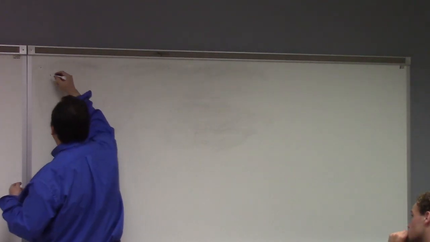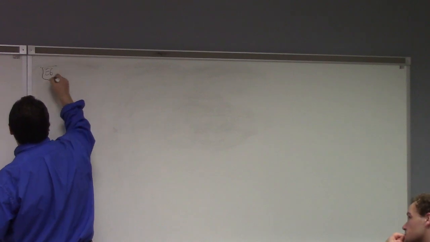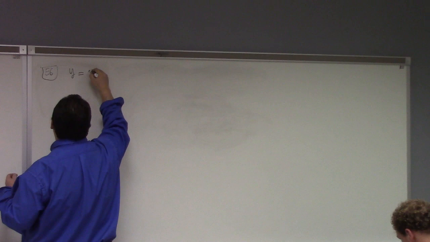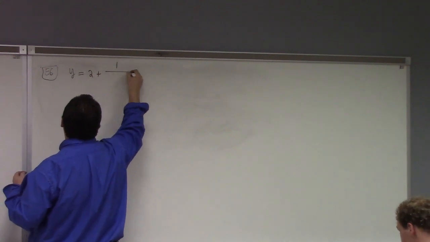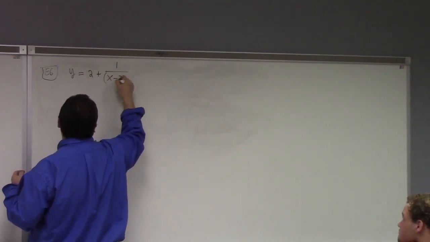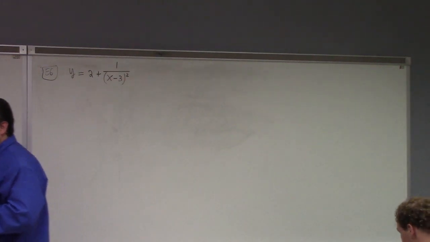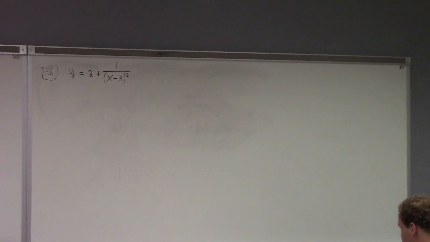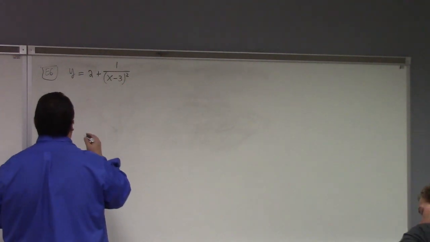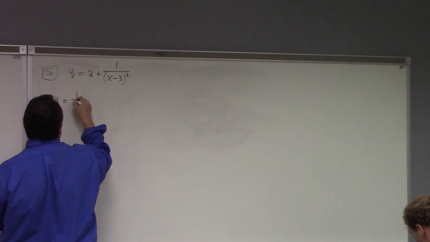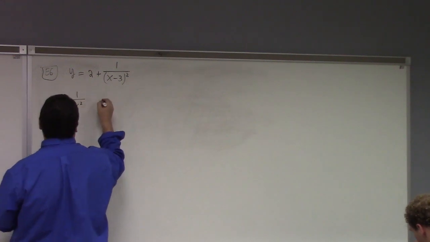So, example 6, suppose we're up against y is equal to, let's say, 2 plus 1 over x minus 3 squared. So how would we deal with something like this? Okay, so how about this? We start with y equals 1 over x squared. That's kind of our basic function here.